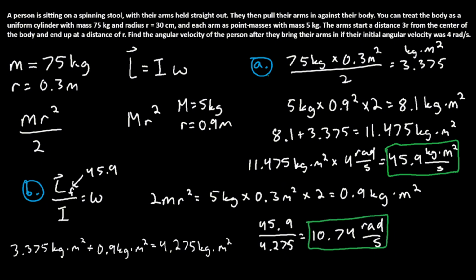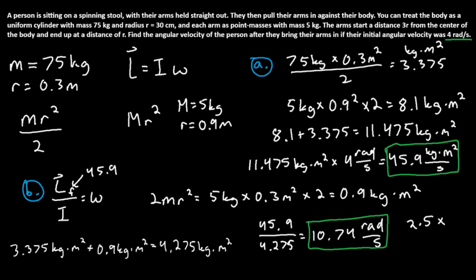So as you can tell here, your person's initial angular velocity was 4 radians per second, but once they brought their arms in, now their angular velocity is actually over 2.5 times more. Therefore, this person is spinning 2.5 times faster.